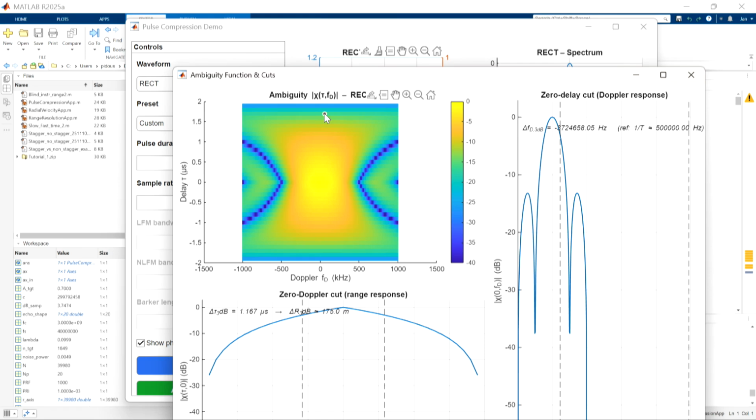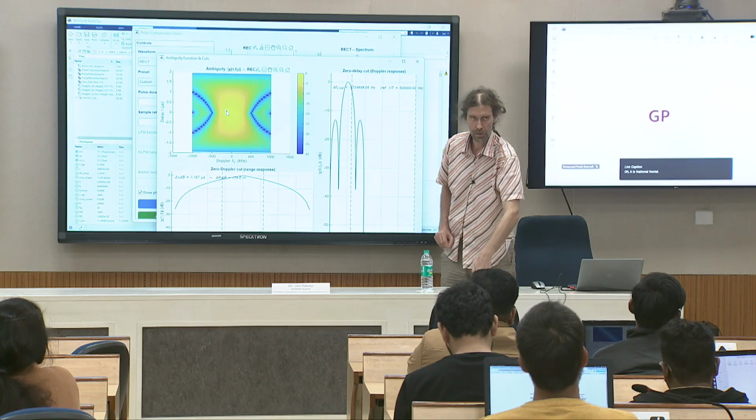For each range of time and Doppler shift, you compute it, and this is a cut. The cut for zero Doppler shift is our triangle, and the zero delay cut is the Doppler response. It is now our sense function. So this is a 3D function, but you watch it from the top.